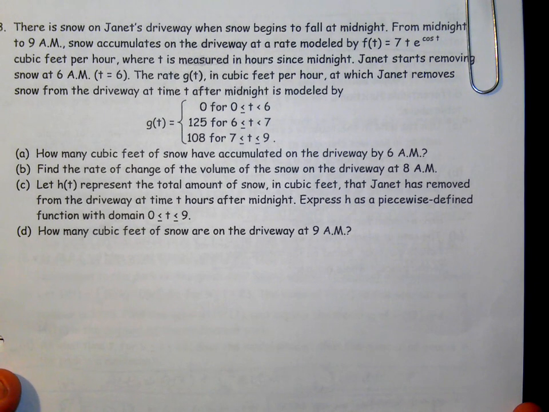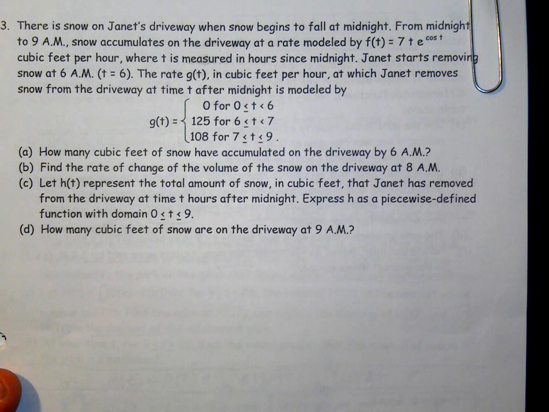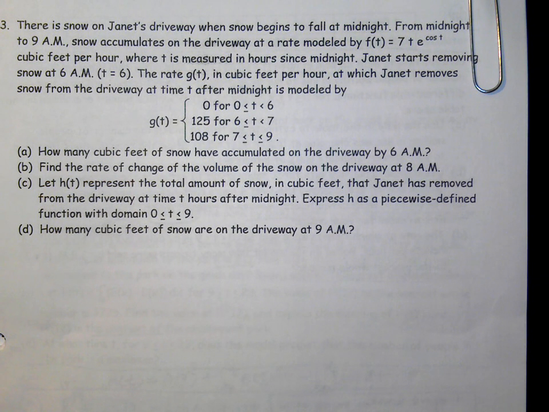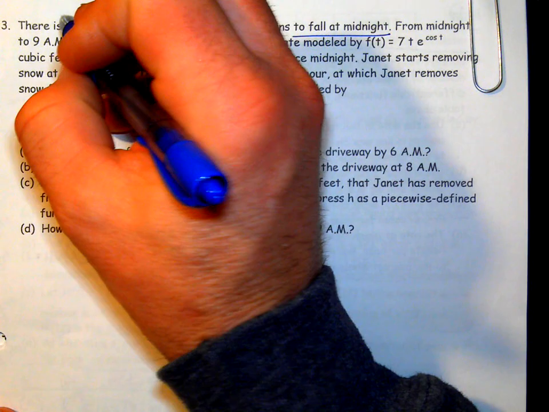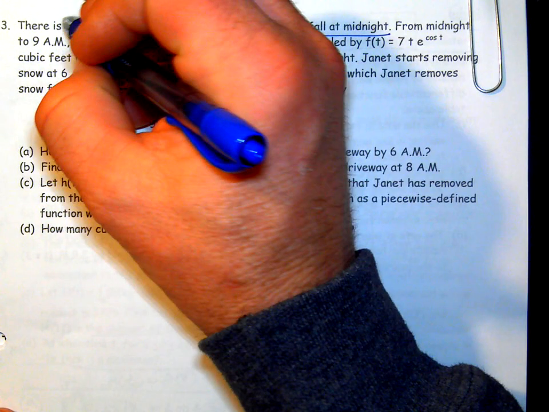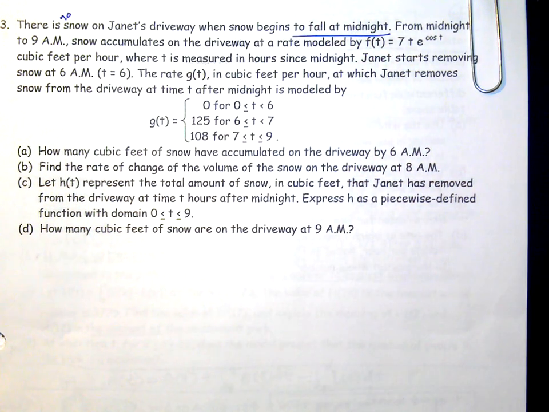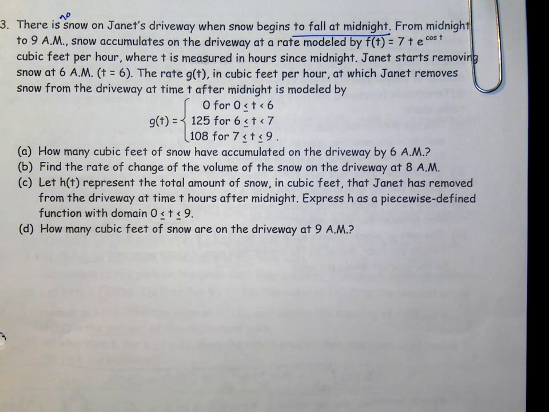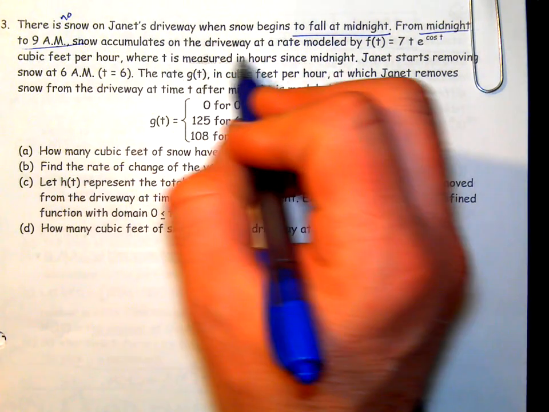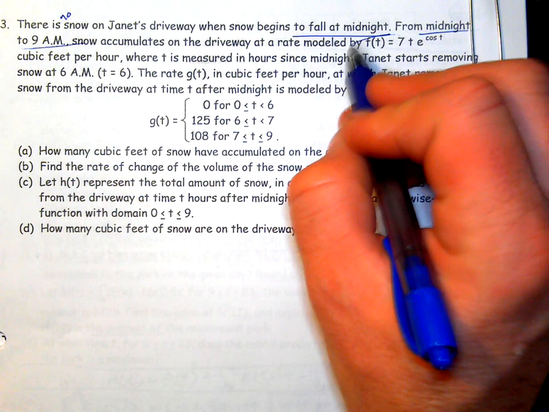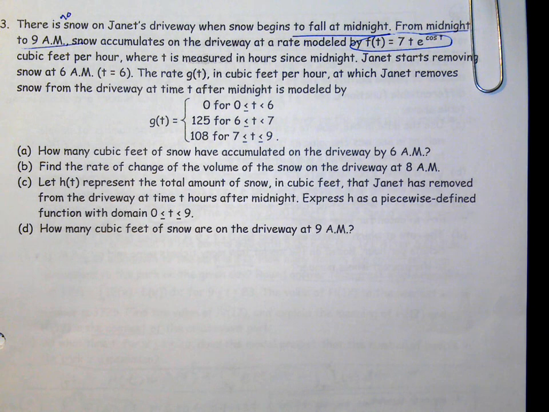It says there's snow on Janet's driveway when snow begins to fall at midnight. Or maybe it means there's no snow? I don't know. Maybe I typed that wrong. From midnight to 9 a.m., snow accumulates in the driveway at a rate modeled by this. So that's the arriving rate of snow, and we're not losing any snow.